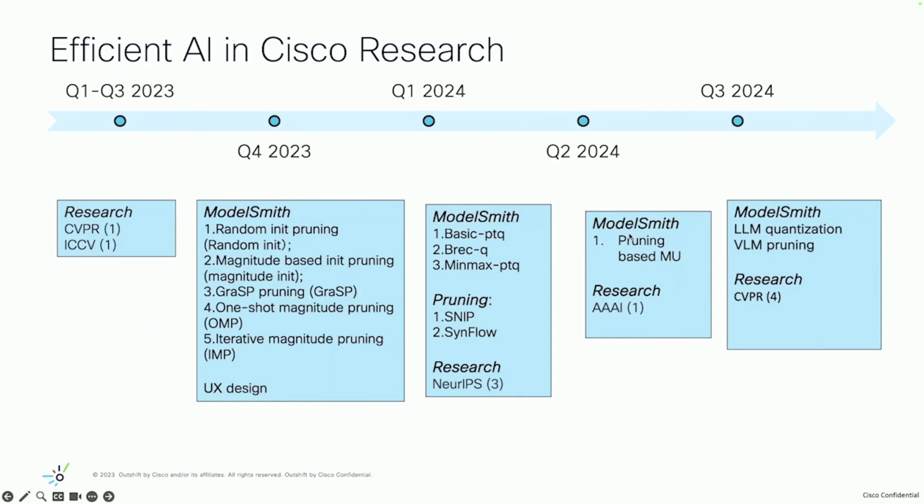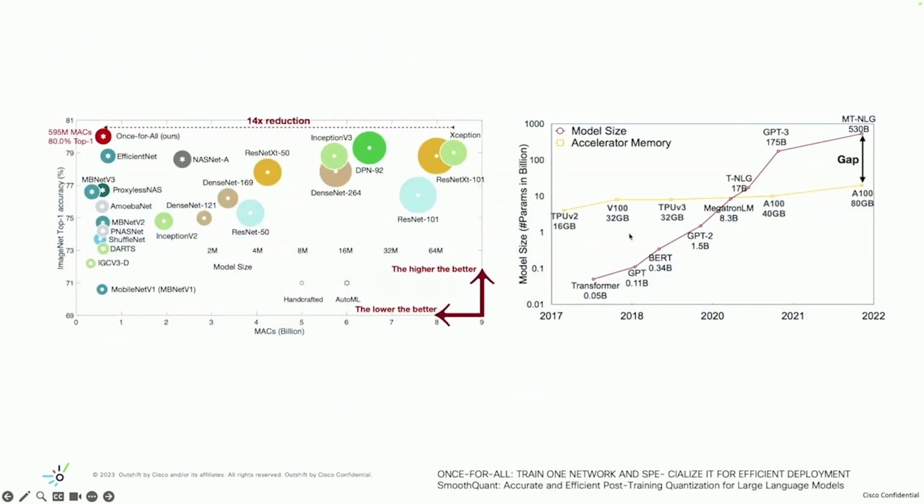We packed some of our research outputs into an open source software library called ModelSmith. Both threads keep evolving. We keep doing theoretical research and developing open source toolboxes. So why do we spend time and effort on this research? And why do we need to make AI more efficient?